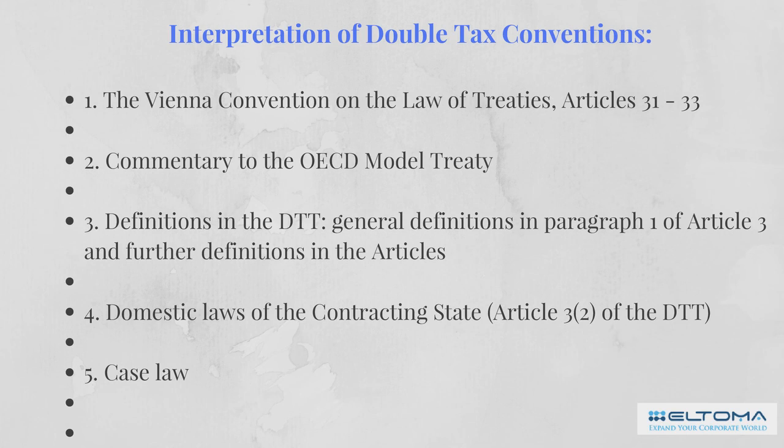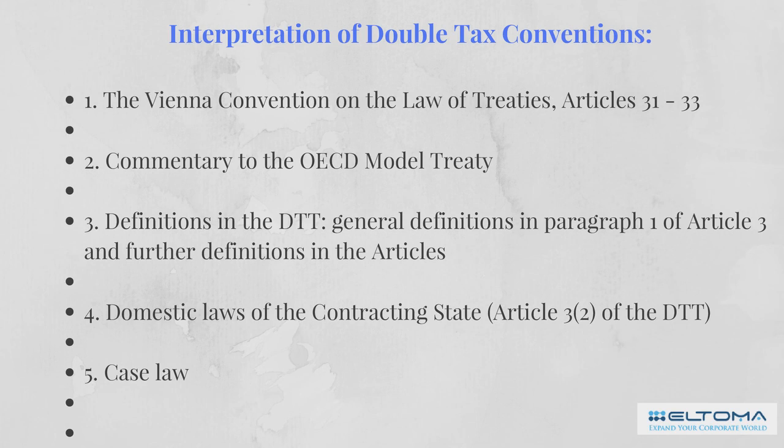There is also an extensive commentary to the OECD Model Treaty, which is also an invaluable source of background and information when dealing with treaty issues. Not only does the commentary explain the various provisions, but it also lists reservations and observations in respect of each article.